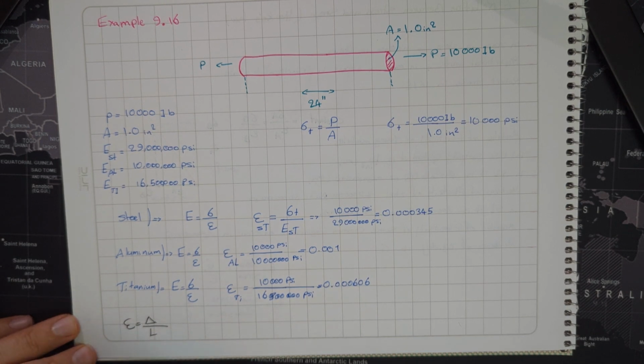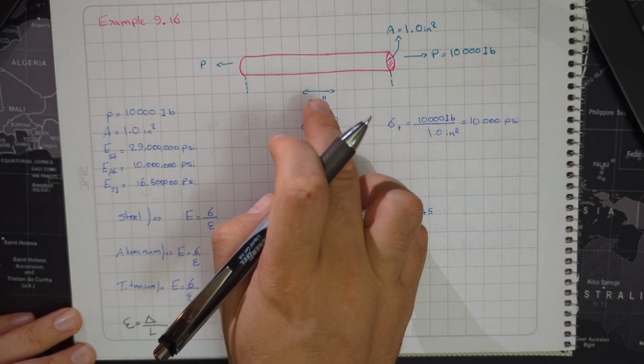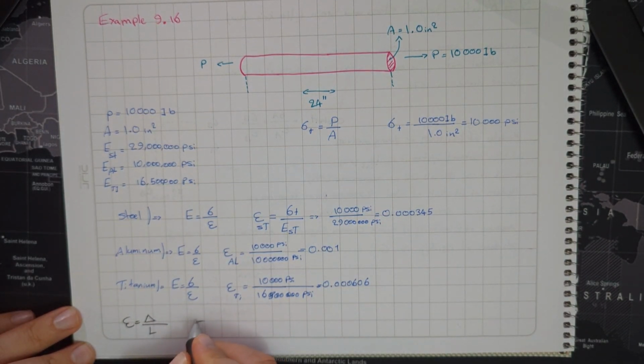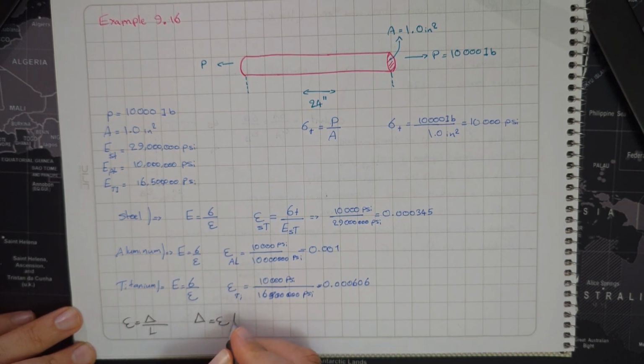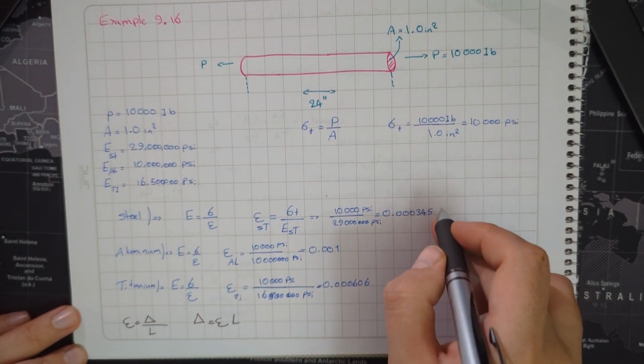Okay, and now we have epsilon for each material, and the length is 24 inch. We don't have the delta, so delta equals epsilon into L.